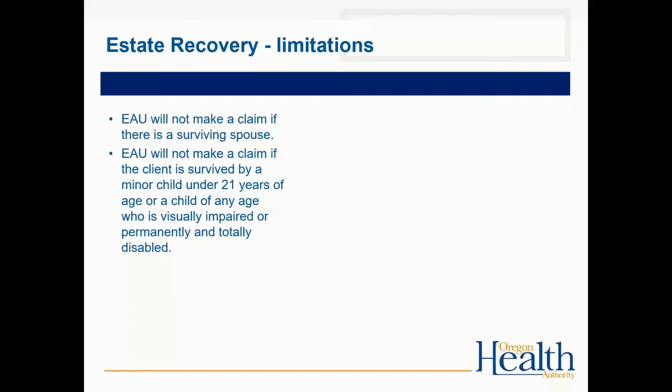So people's concern about taking care of their family is accommodated: if you have a surviving spouse, we are not going to try to claim assets from your estate. Likewise, if the client is survived by a minor child, actually it's under 21 years of age, or a child of any age who is visually impaired or permanently and totally disabled, the estate recovery unit will also not make a claim under those conditions.